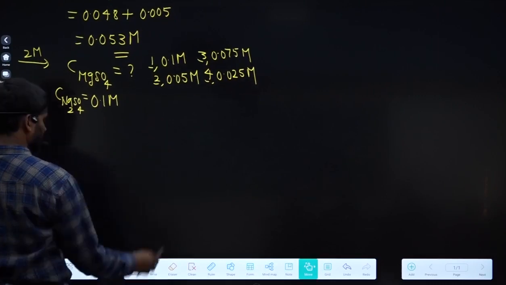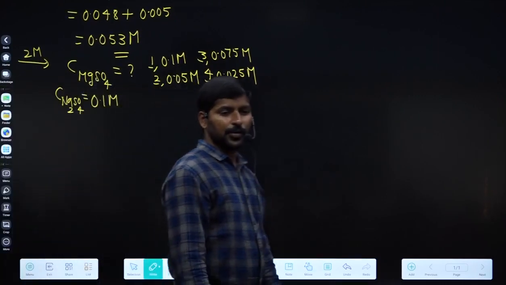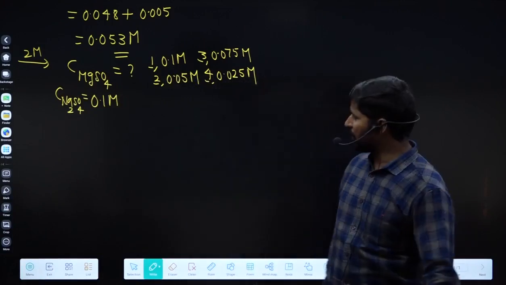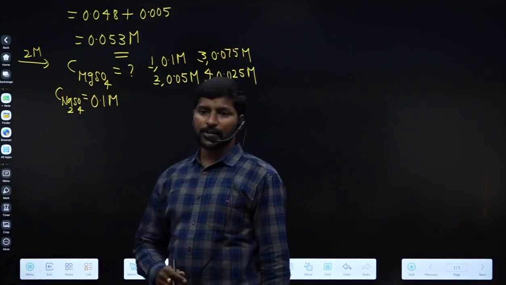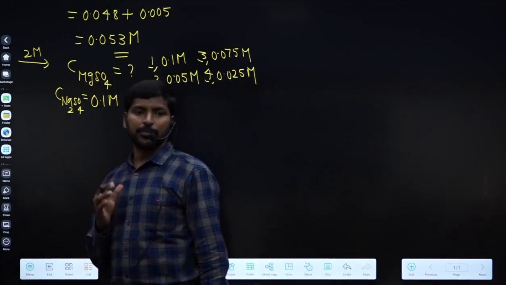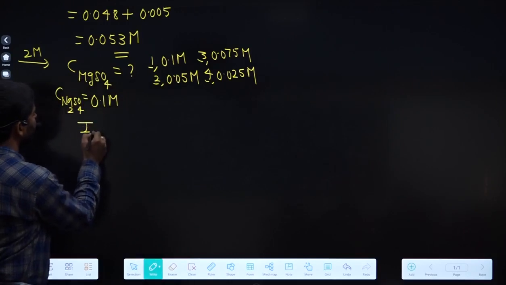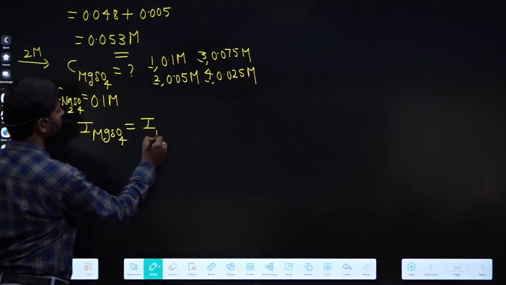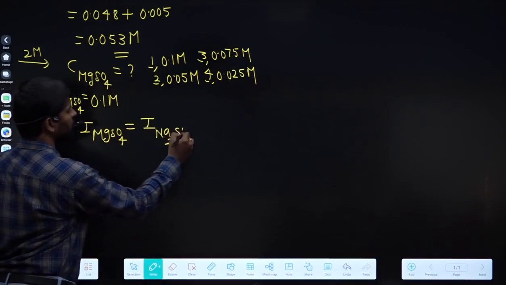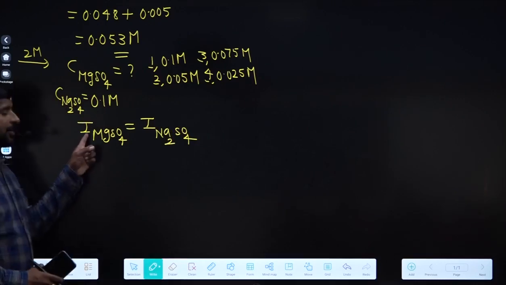Okay, what is the question, Andy? For which concentration of magnesium sulfate do both magnesium sulfate and 0.1 m Na2SO4 have the same ionic strength? The condition given here is that the ionic strength of magnesium sulfate and of sodium sulfate should be the same.